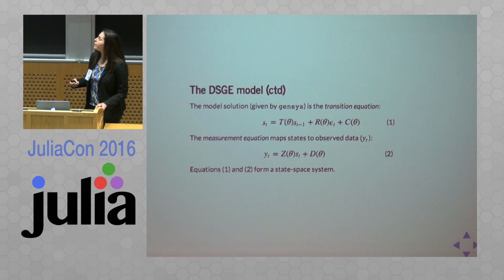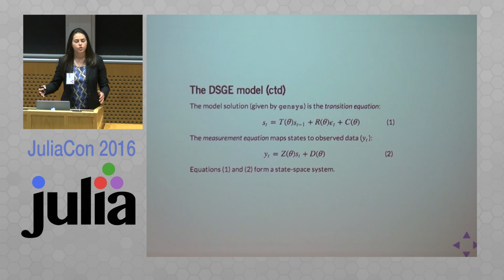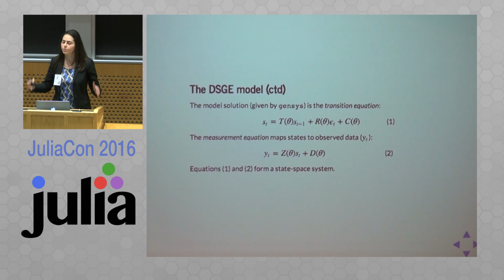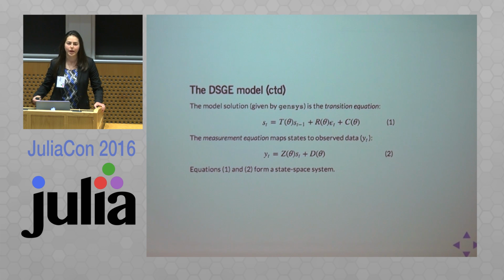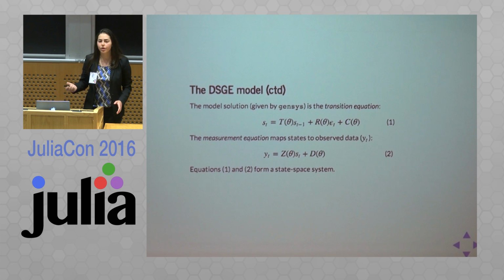And then additionally, we have a measurement equation that describes how we get from that vector of states to a bunch of values that we can actually observe and measure in the real economy. So some states could be things that are unmeasurable that we don't have data about, but we can map that to a set of things that we do actually have data about using the measurement equation. And then together, these equations 1 and 2 form a state space model.